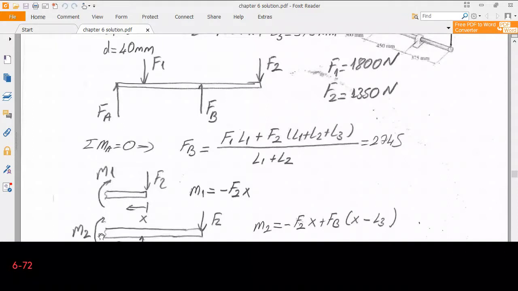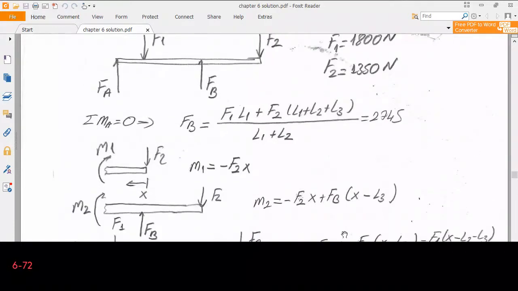So if I take the moment with respect to the cut and saying that sum of the moment is equal to 0, M2 will be equal to minus F2 multiplied by X, because F2 and M2 will try to rotate this piece in the same direction, plus Fb times X minus L3, because from B to F2 it is L3, therefore the moment arm is X minus L3.